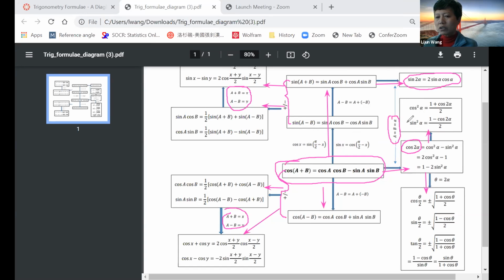In this chart we don't have the double angle for tangent or cotangent because it would not be necessary. You can just derive it yourself. The main emphasis I have here is for you to derive it yourself, which is highly recommended. Because if you do, you never have to remember any formula.